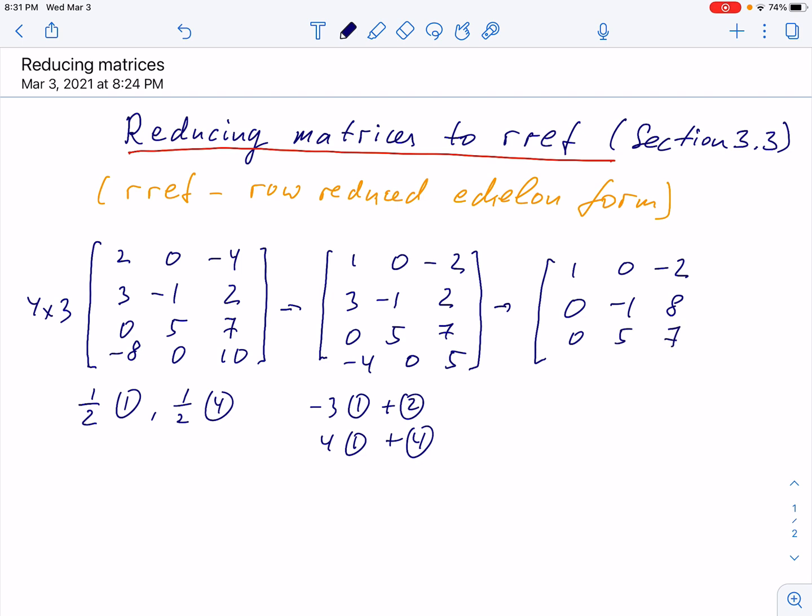And here we have 0, another 0, and then we multiply by 4, that's -8, -3. So this is the result. You see now the first column is completely reduced. This is really very good.